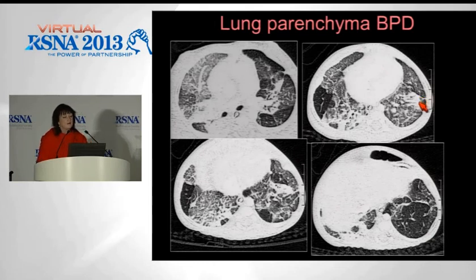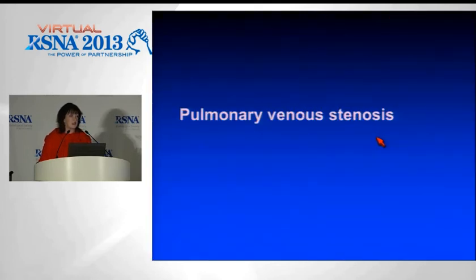Patients with premature lungs, parenchymal lung disease, bronchopulmonary dysplasia, very classic example, areas of atelectasis, areas of overinflation, distorting parenchymal bands through the lungs with pulmonary arterial hypertension, very commonly associated as a sort of syndrome together.